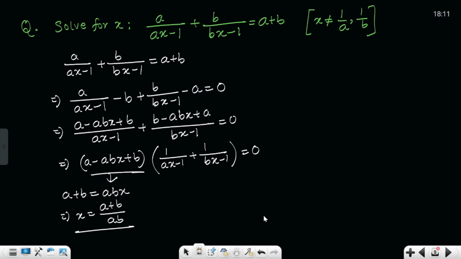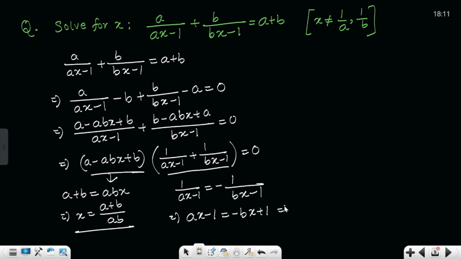We got a solution. Now from here, if we put this term equal to 0, what we can say? 1 by ax minus 1 will be equal to, if we move this term in the left hand side, this will be minus 1 by bx minus 1 simply. So now we can write this as ax minus 1 equal to minus bx plus 1, right?